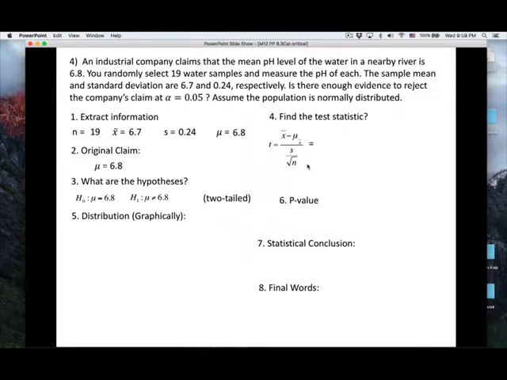Tell me what you get for the test statistic. Okay, one more time. On the top, when you use your calculator, put parentheses. On the bottom here also, parentheses. You should get negative 1.816.